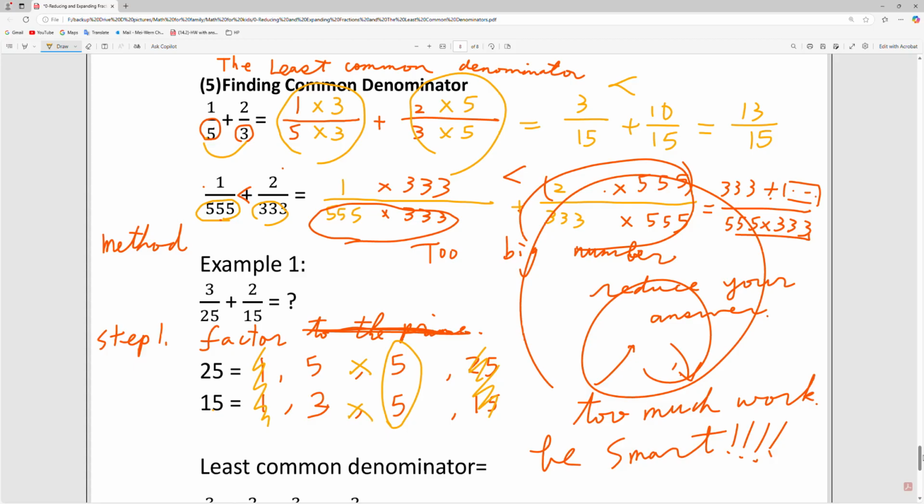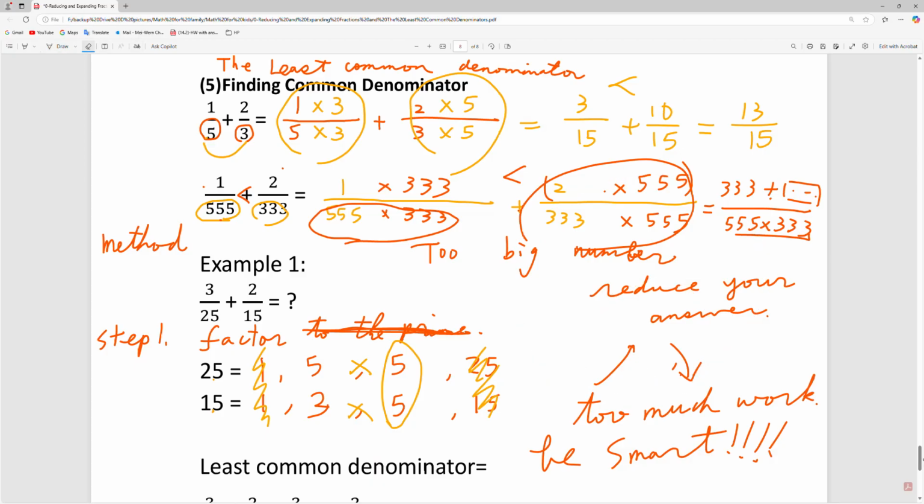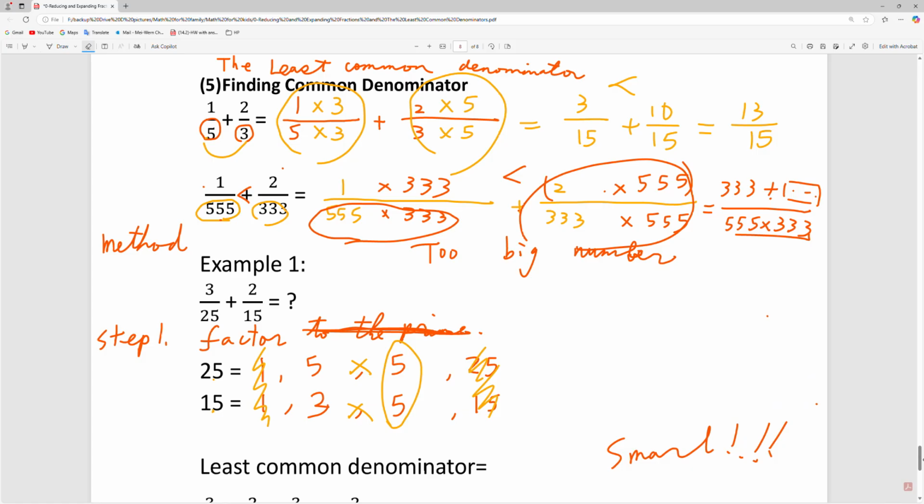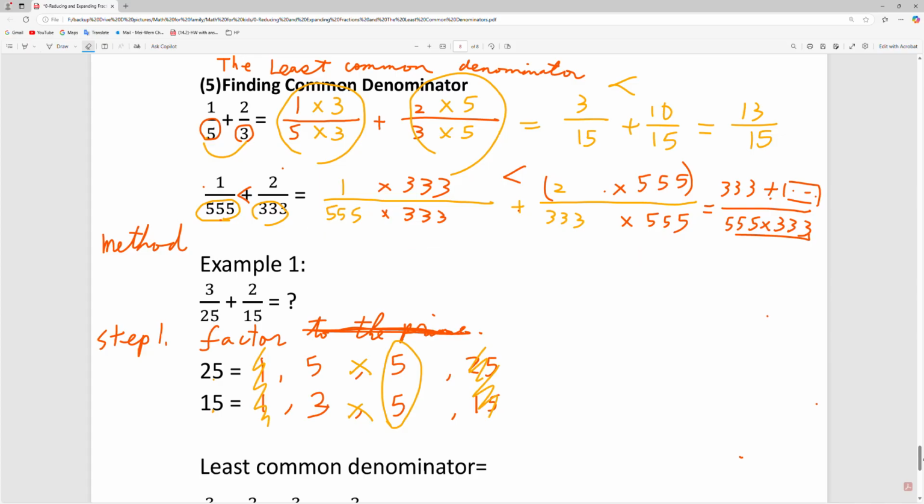This number is 3 times 5. So 25 is 5 times 5 and 15 is 3 times 5. Let me erase those marks so we have space to show you the work. Sorry. We don't want too big a number.